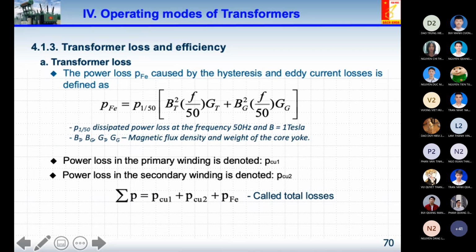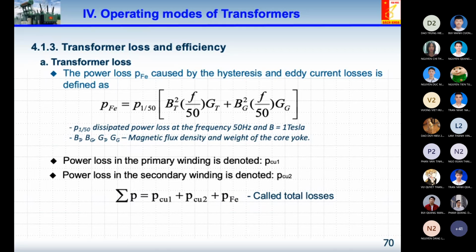Must be very slow also. Okay, and this one depends on the material technology and also on the designer. First of all, if you choose good materials for producing the transformer, it's very nice.